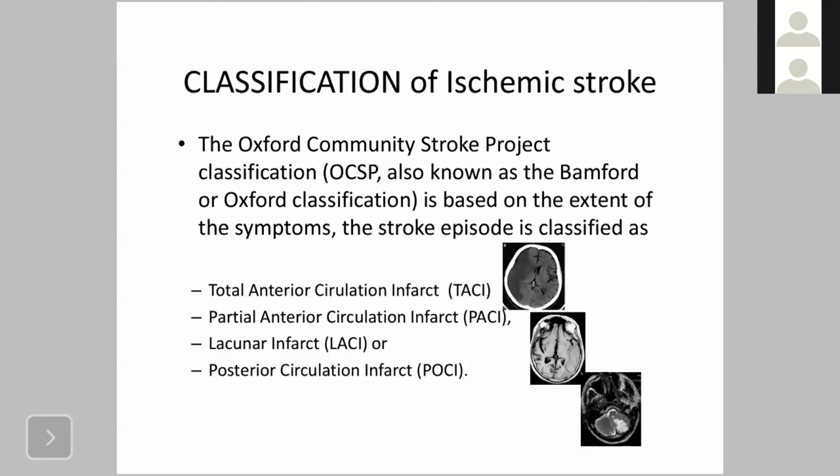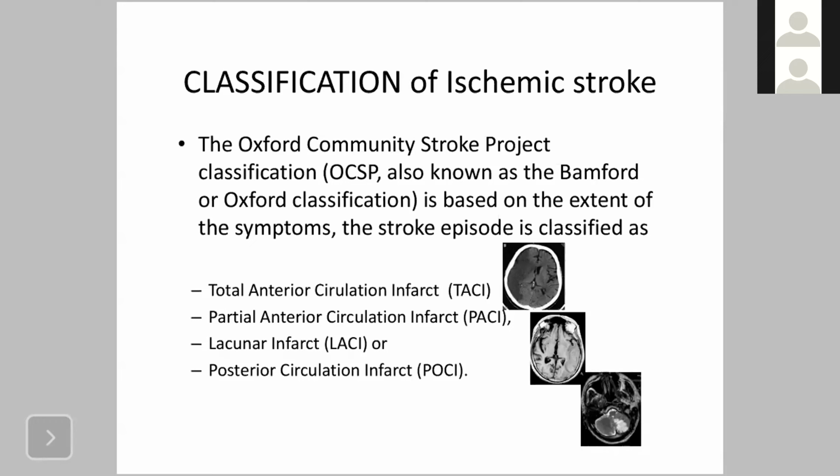And the posterior circulation is the two PCAs behind, supplying the brainstem and the cerebellum. In the partial anterior circulation infarct, the carotid is not blocked, but only the ACA or MCA is blocked.